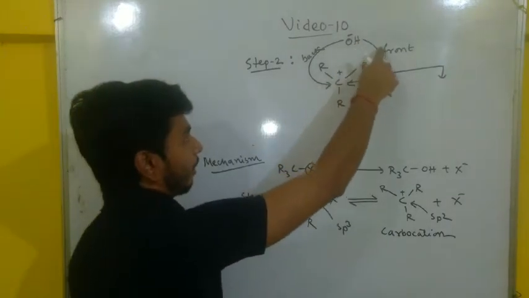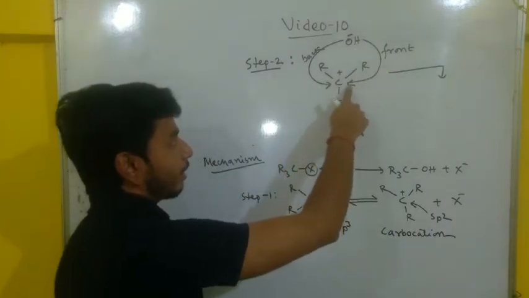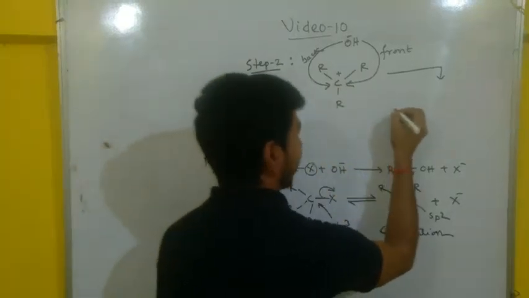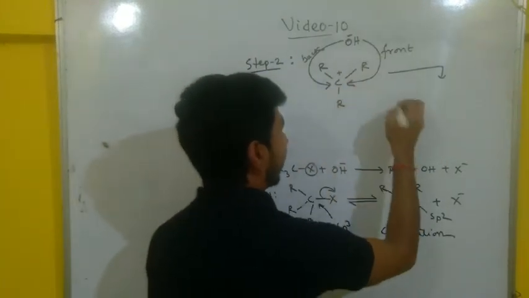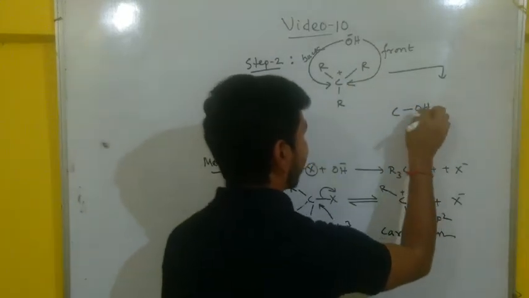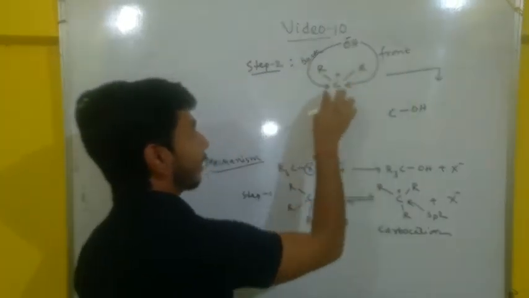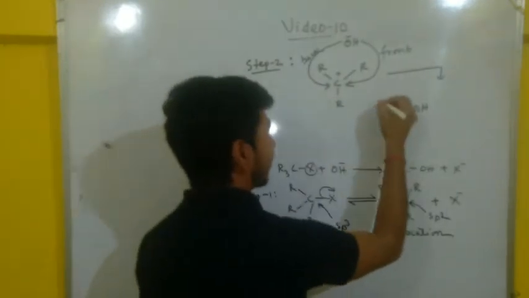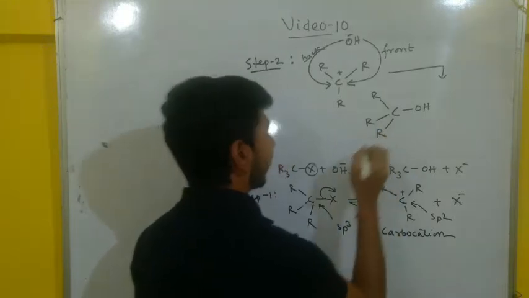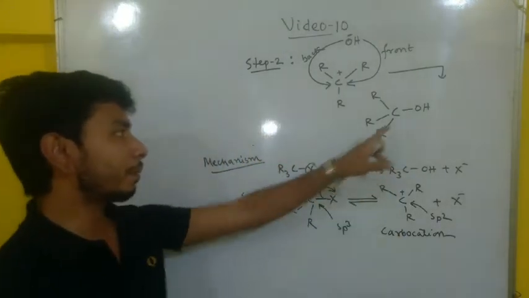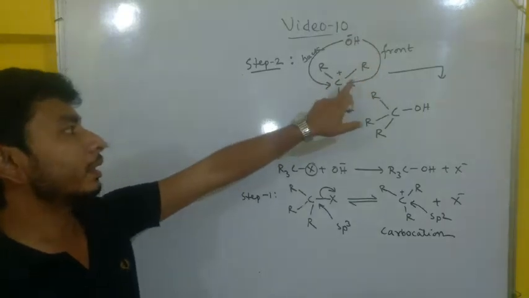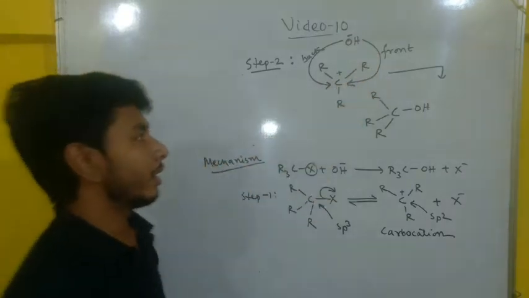So the nucleophile is forming the bond on the front side, and then the alkyl groups, R, will move to the back side. This is the product when the nucleophile approaches along the front side.